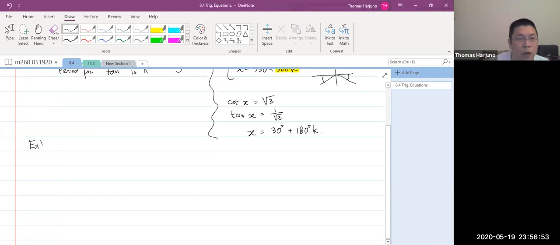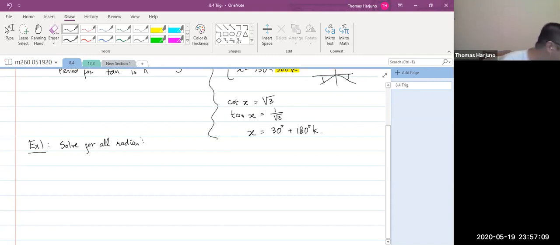For example, solve for all radian. For example, I do number 14. 2 sine squared x minus sine x minus 6 equals 0.